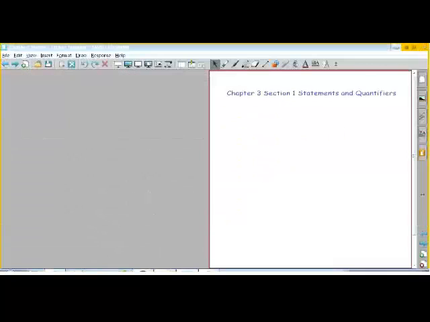Chapter 3 is about logic. A lot of the stuff in logic has similarities to what we've learned about sets. Some of the terminology is the same, some of it is different, but they are very similar. The whole idea is not logic like using proofs in geometry, though it has some relationship to that.